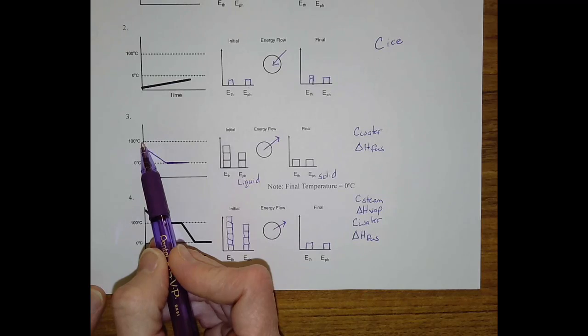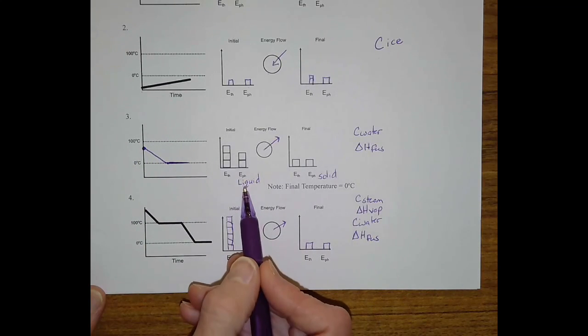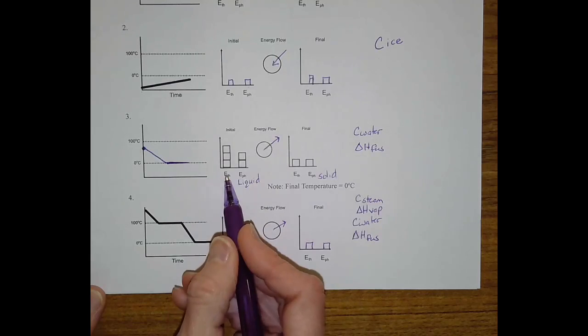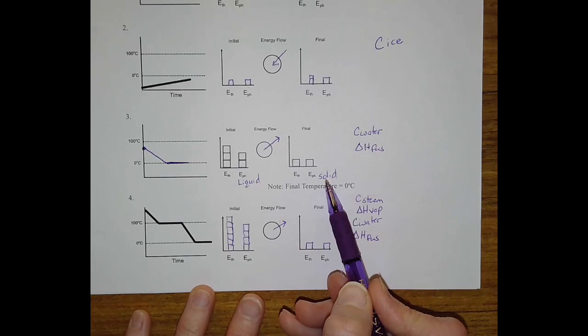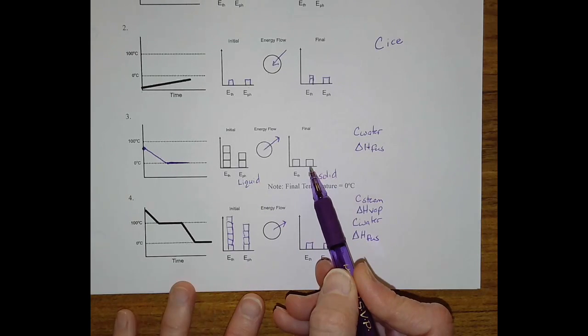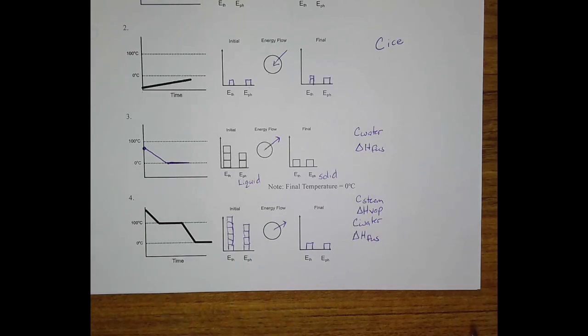You could have put it up at 100. You could have really put it anywhere in between. But what we know is that it's a liquid. And so this much thermal energy is not more than whatever the boiling point is. In the end, we're going to be a solid because we have 1 block of phase energy, and it's going to be relatively cold. But again, we don't exactly know how cold.